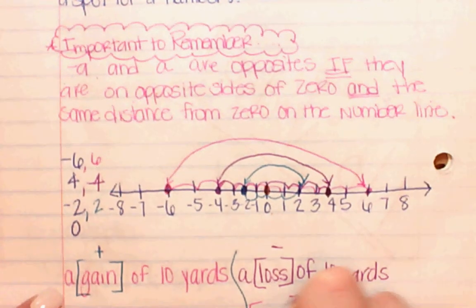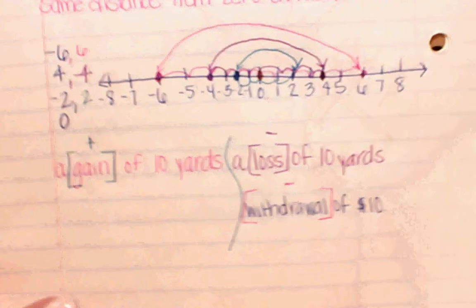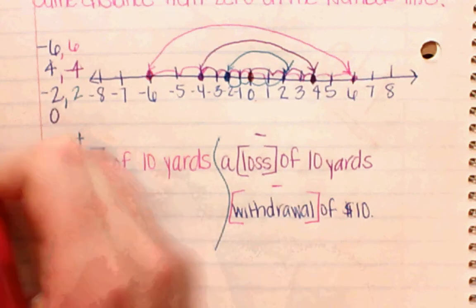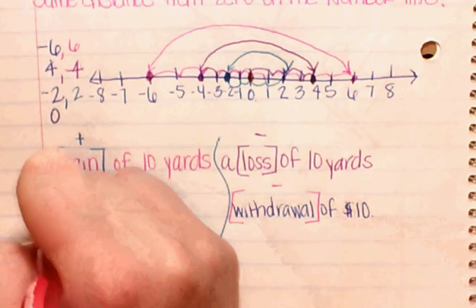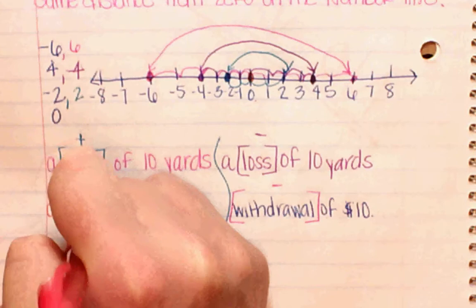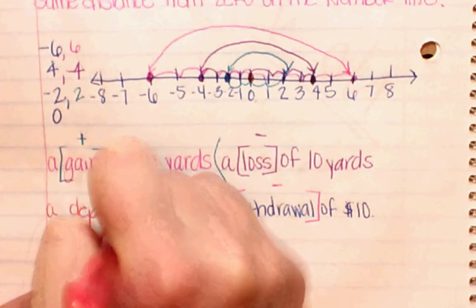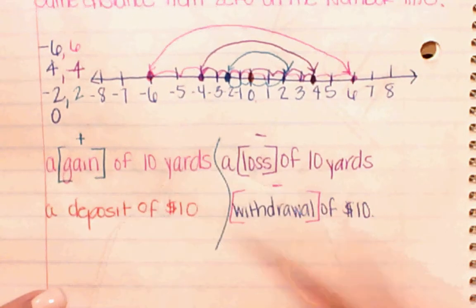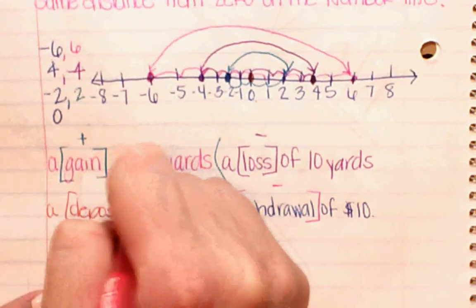That's negative. Okay, now we're talking about banking. A withdrawal of $10. What's the opposite of a withdrawal? Opposite of a withdrawal is a deposit of $10, with deposit being my positive word.